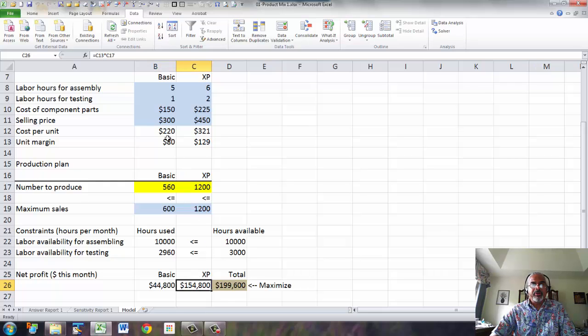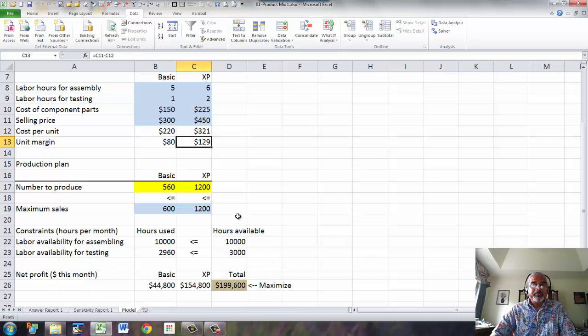What would happen if the unit margin is different? Instead of $80, what if it is $70 or $90? And similarly here for XP, what if it is not 129 or something else? In what way will the solution change?